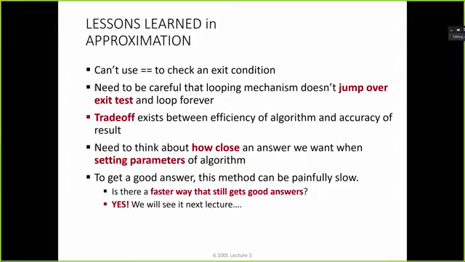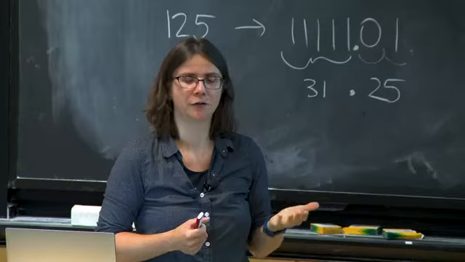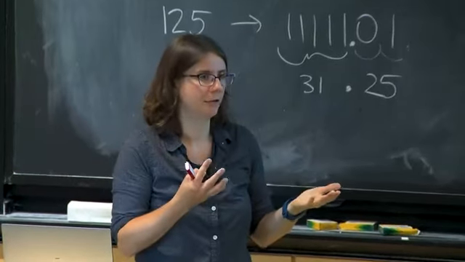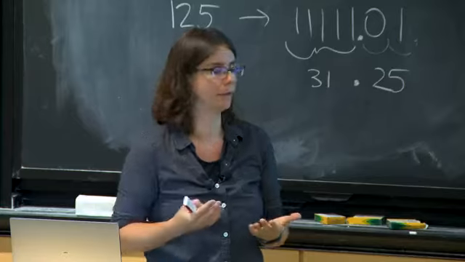Okay. So this approximation algorithm is really slow. To get an answer for the square root of 54,321, we had to decrease our increment to something like 0.00001.